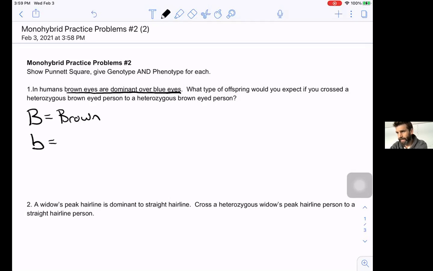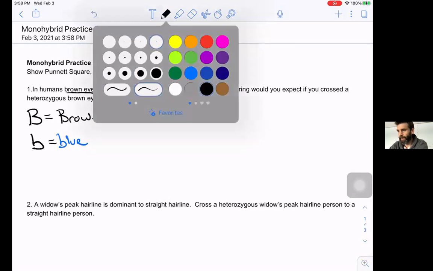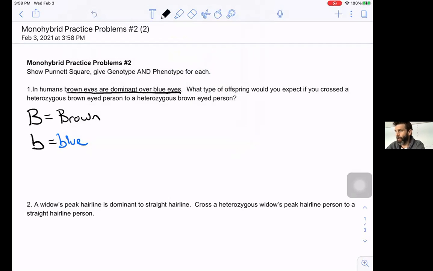And my lowercase letter is going to be blue. Okay. So what type of offspring would you expect if you crossed a heterozygous brown-eyed person, crossed with another heterozygous brown-eyed person?